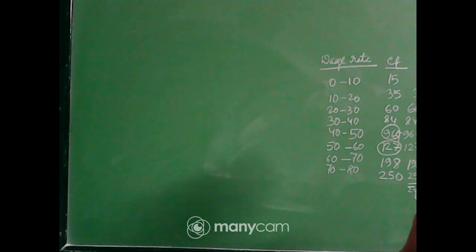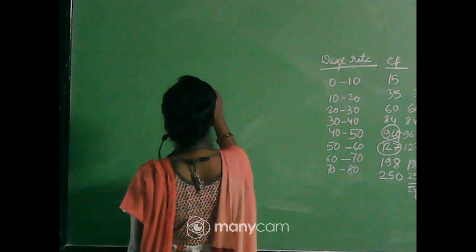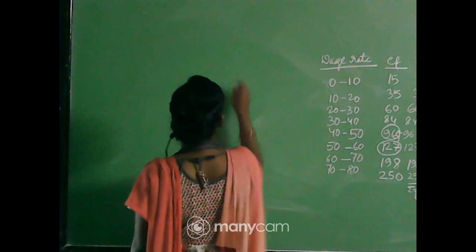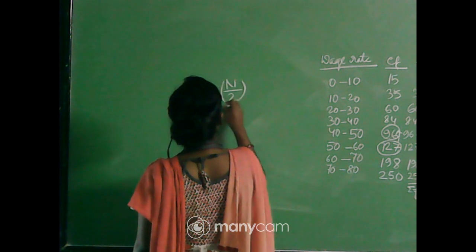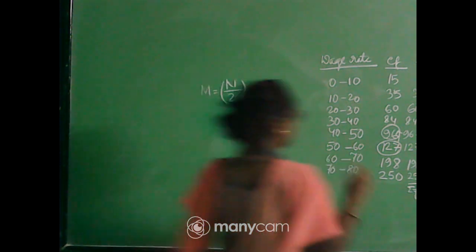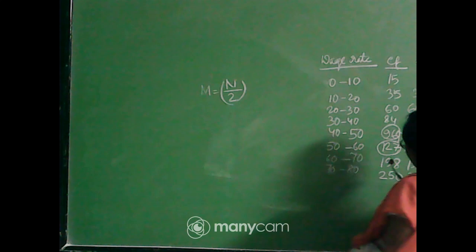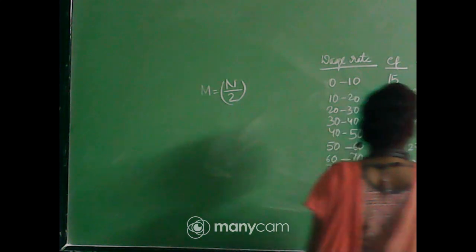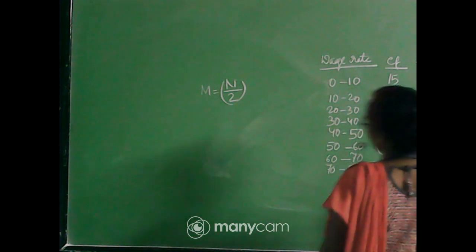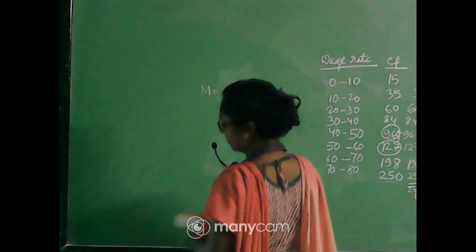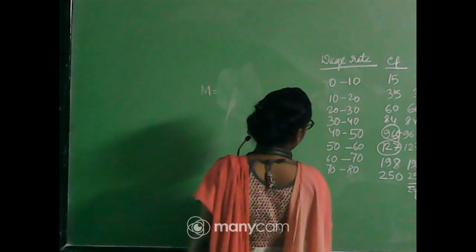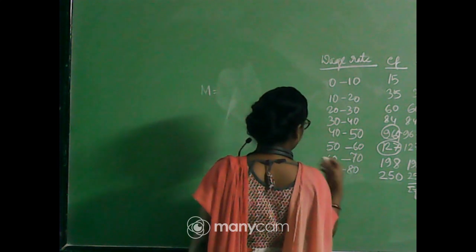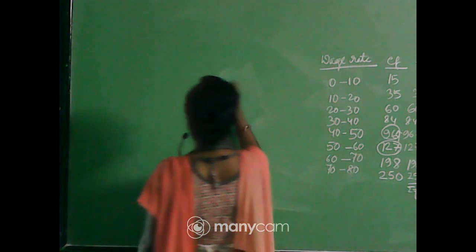Next, 198 minus 127 is equal to 71. Next, 250 minus 198 is equal to 52.